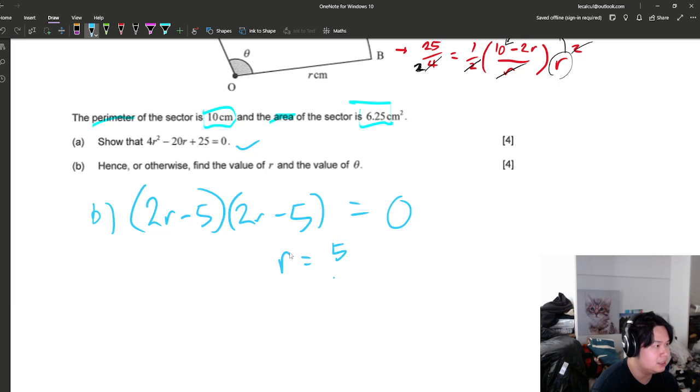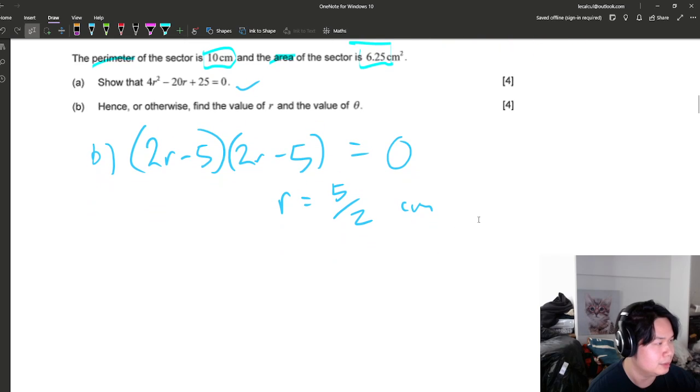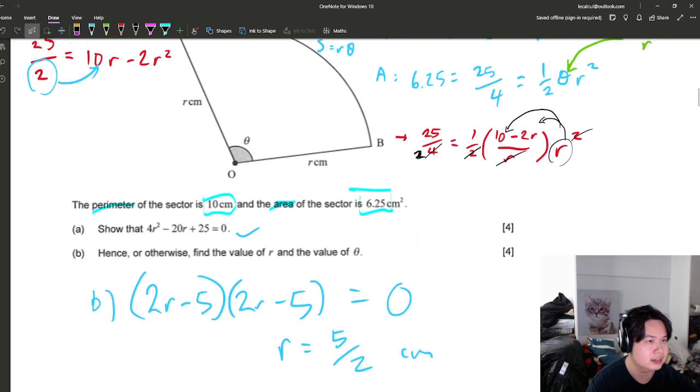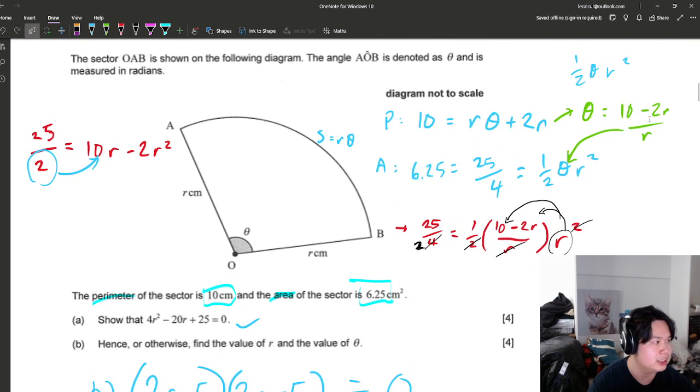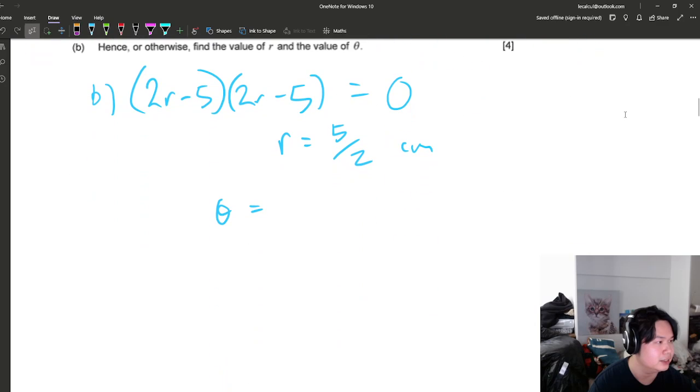So r is going to be 5/2 centimeters. I don't think you really need to include units. They don't take off marks for that, from what I remember from mark schemes. And then we also need to find theta. So theta we had a formula for that we used to substitute it. That was this one in the green, 10 minus 2r over r.